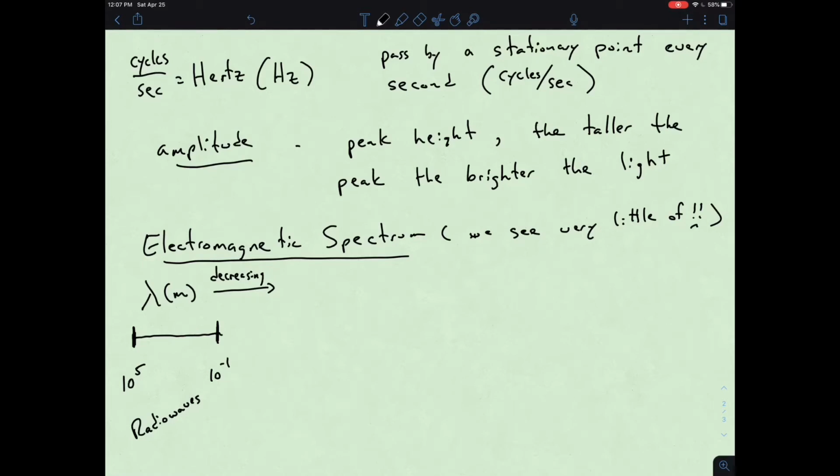We get now into the smaller, from 10 to the minus 1 to 10 to the minus 3, where we have microwaves. I'm sure we've all used a microwave in our day, right? It's not new technology anymore.